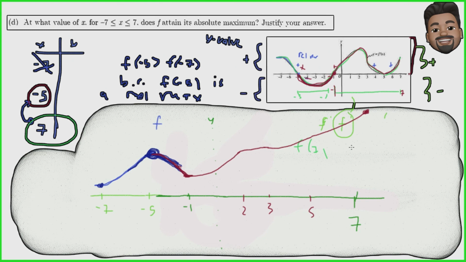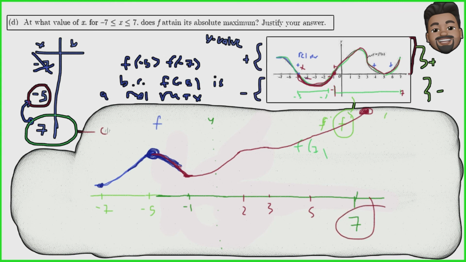So we would just say f prime is increasing from -1 to 7, which is more values than it is decreasing from -5 to -1. Therefore, f of 7 has to be the absolute maximum.